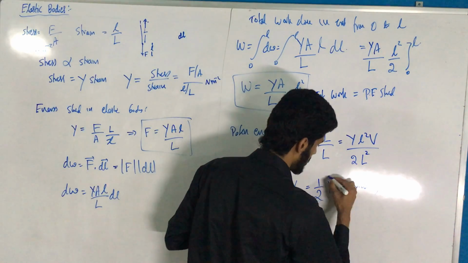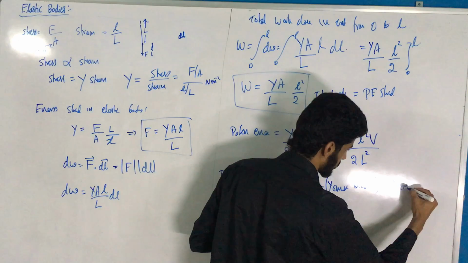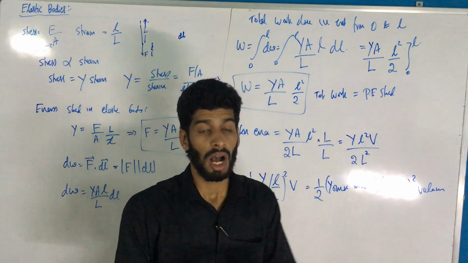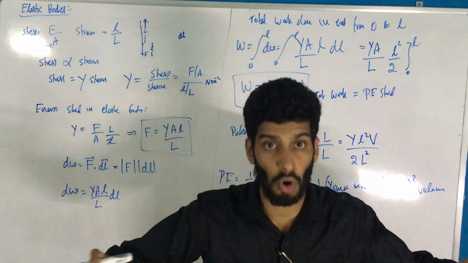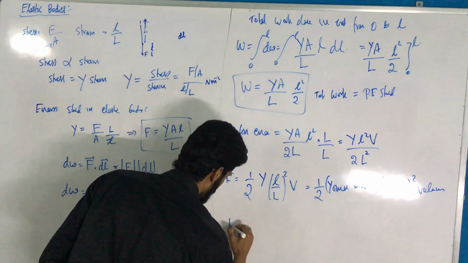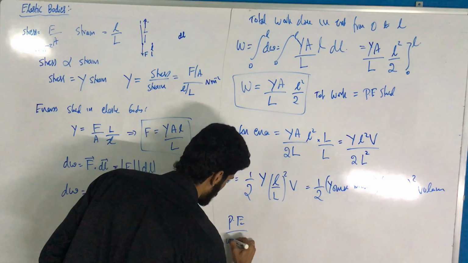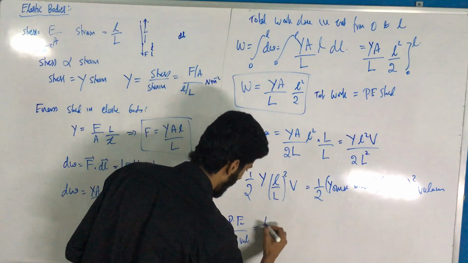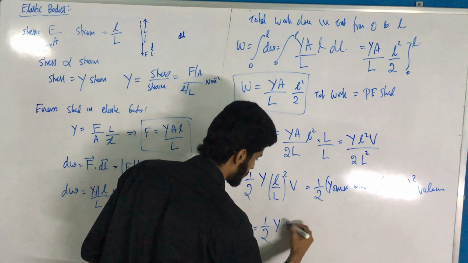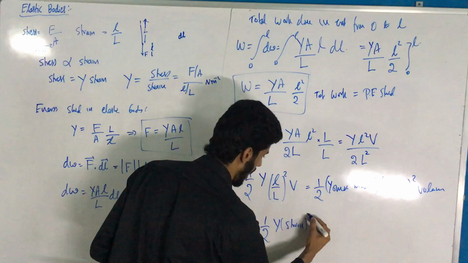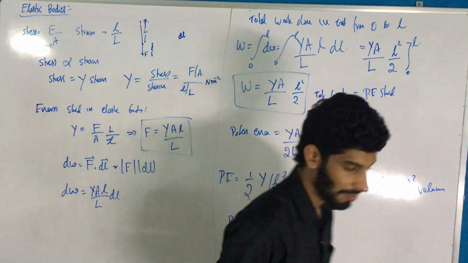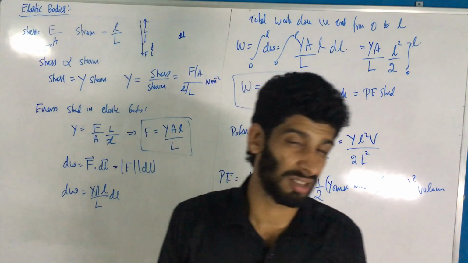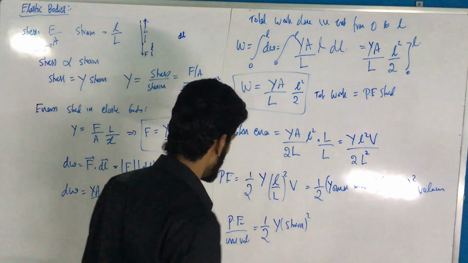So I can write it as strain squared times volume. So I can find the amount of energy stored per unit volume. The potential energy stored per unit volume is half into Y into strain squared. The volume gets cancelled because I'm finding the potential energy stored in the elastic body per unit volume.